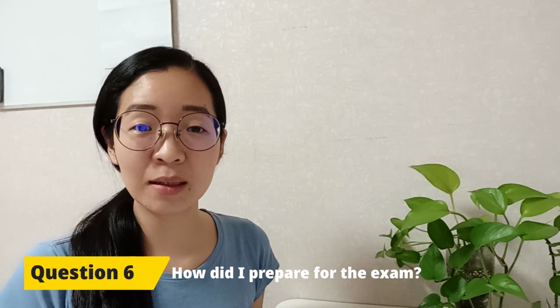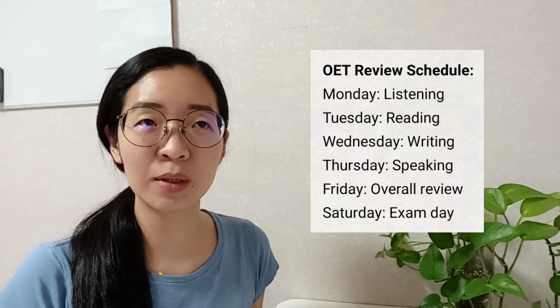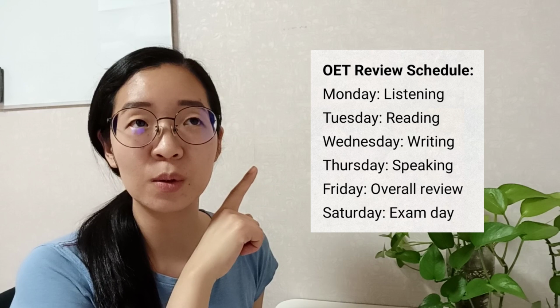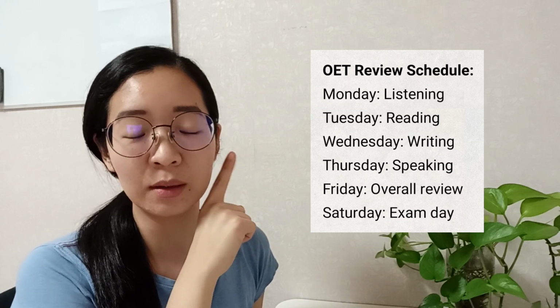So as I've said, it took me 5 days. So what I did was, my exam was scheduled to be on a Saturday, and so I started preparing for it on Monday of that week. And so what I did was, on Monday I worked on listening. So I went to the e2language.com and watched all their videos there that are free, and then familiarized myself with the question stamps and the type of questions they give, and then did some practice tests on their website.